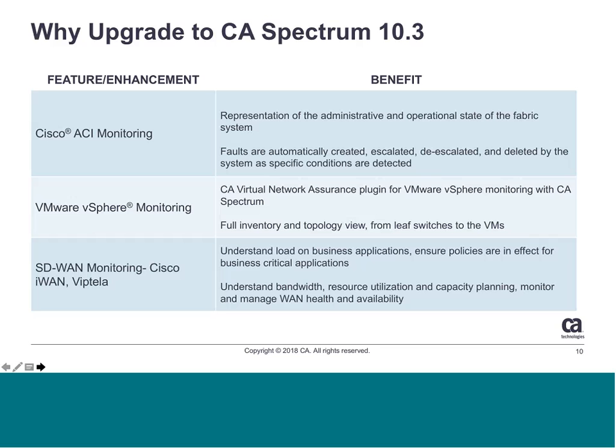So what it assists is, we are able to understand the bandwidth, the resource utilization, capacity planning, and be able to monitor and manage the wide area network health and availability. I'll move ahead again.